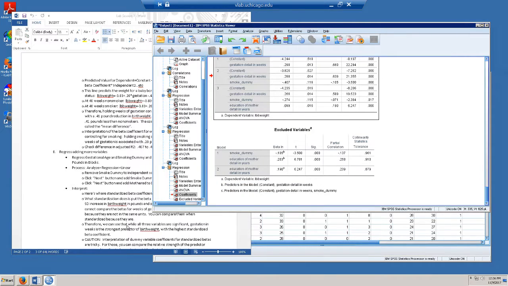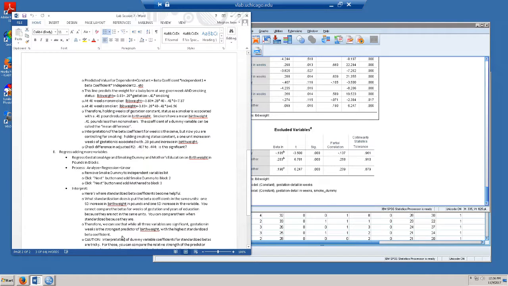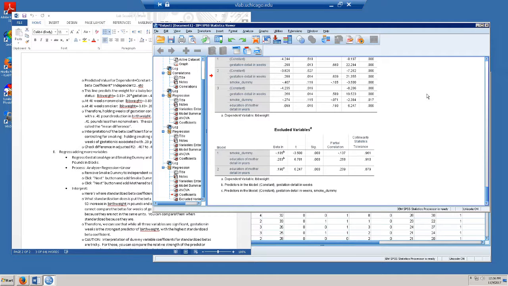So when you're looking at the standardized coefficients, for example, in the third, this negative 0.07, what does that mean? Does that mean that's not very helpful?